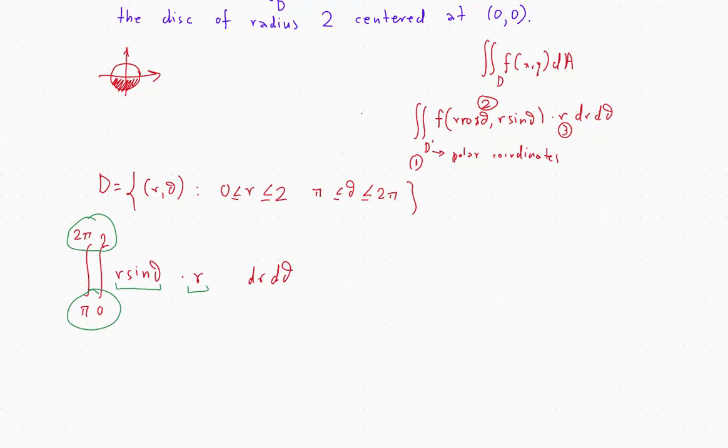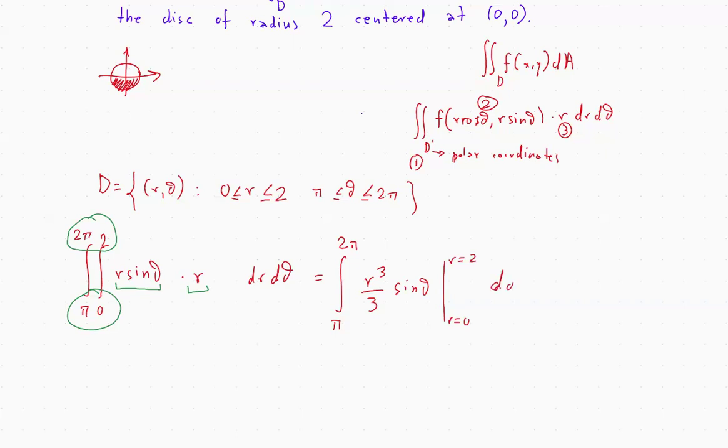So you have an r squared. Its antiderivative is r cubed over 3 sine theta. And you want to go from 0 to 2. Sometimes what we do is we write r equals 0 to r equals 2, especially when we have more than one variable, to emphasize the fact that this is taken with respect to r.